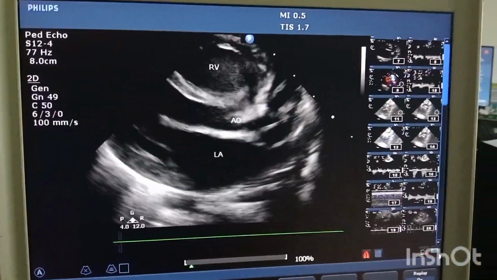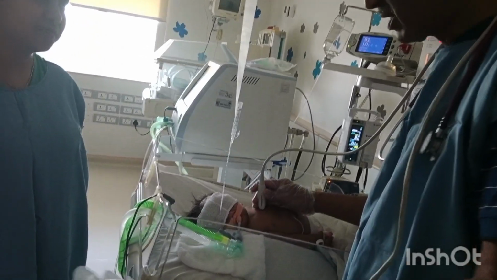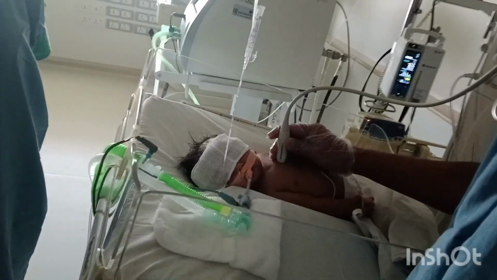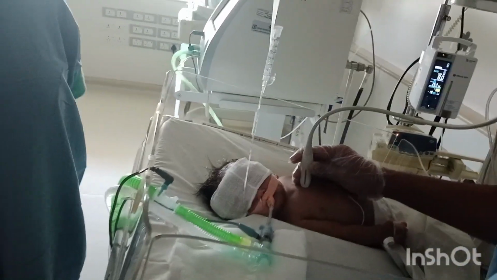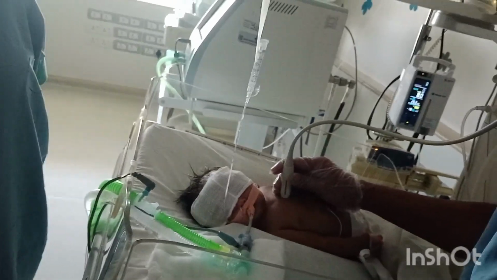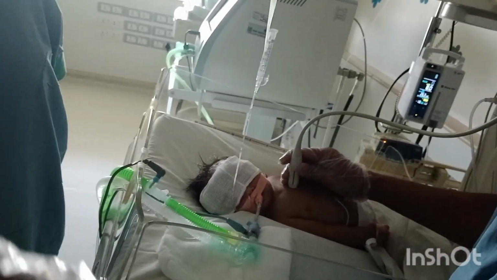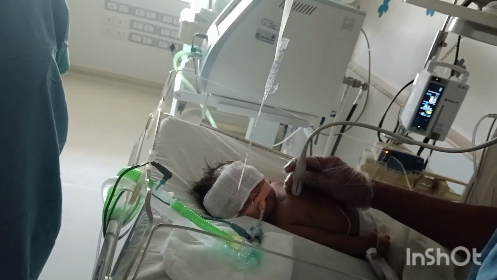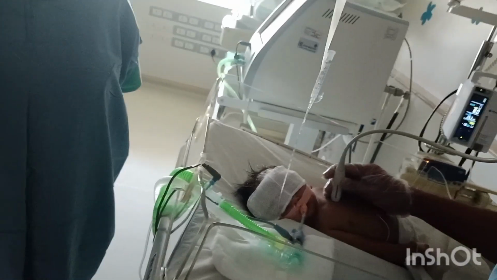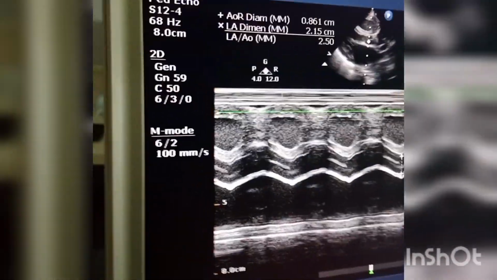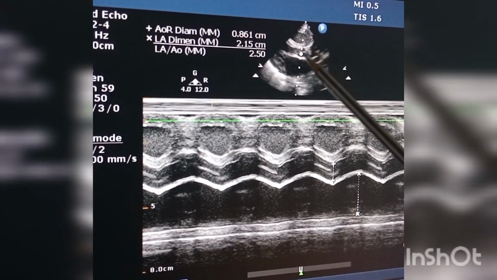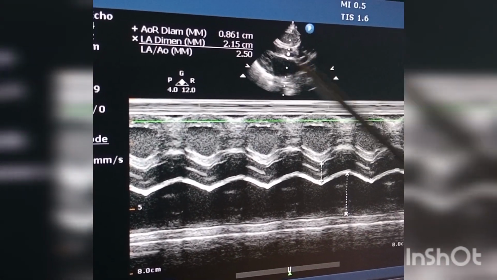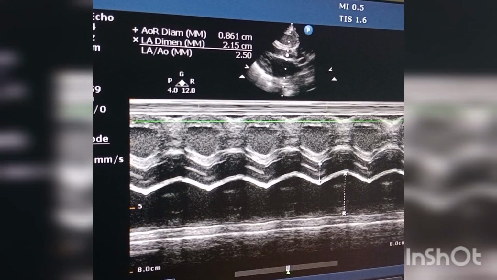Then let us see. What I have done is taken the short axis from the parasternal long axis view, and you appreciated the left atrium was looking bigger, and also the aorta was smaller. Now what I did, you can see on the screen, I cut through this aortic valve and left atrium on M mode, and you get this image.